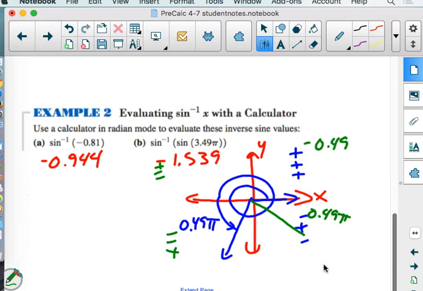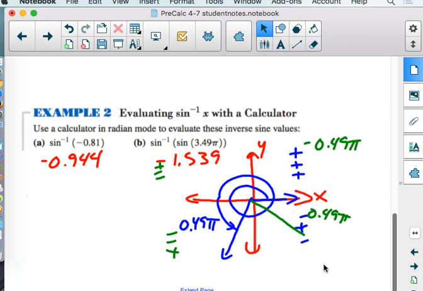Negative 0.49 pi. Now let's check. Does that match negative 1.539? Negative 0.49 times pi. There it is.